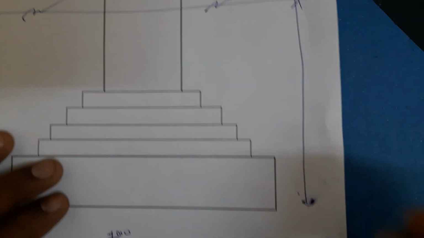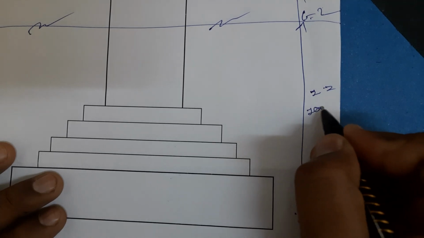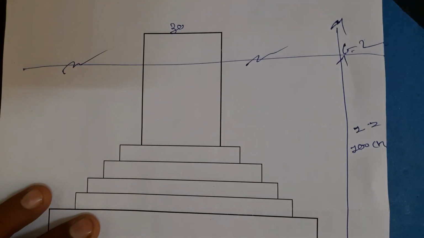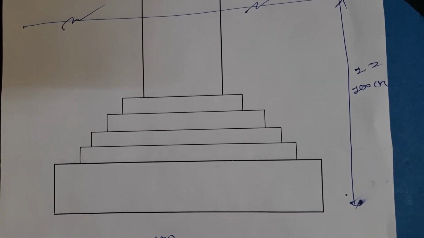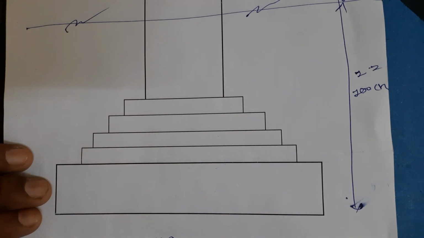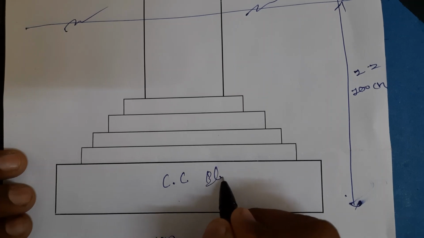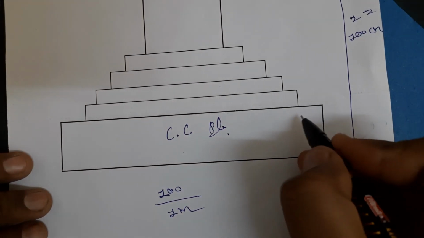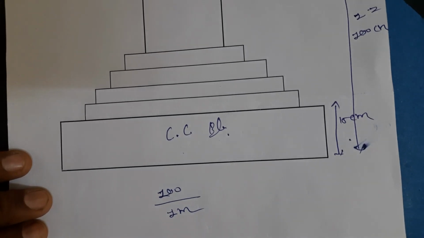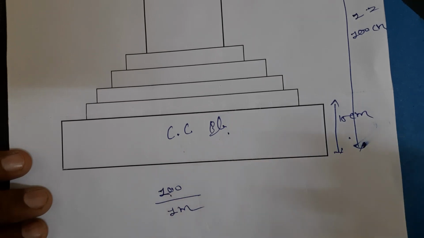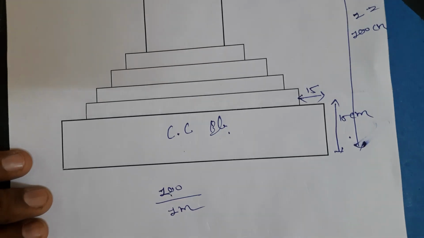From here to here is your depth, meaning 1 meter, or you can write 100 centimeter. So what do you do first? This is your CC block, CC plate. The height of this is 15 centimeter, it is 100 centimeter, and A is also 15 centimeter.